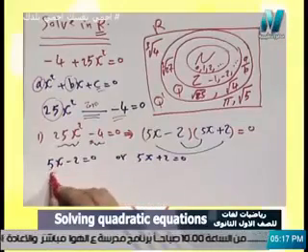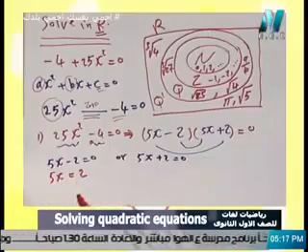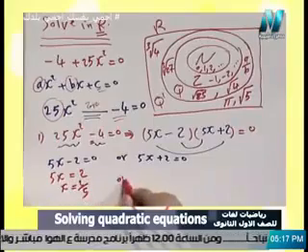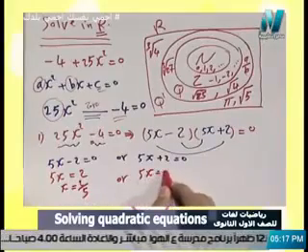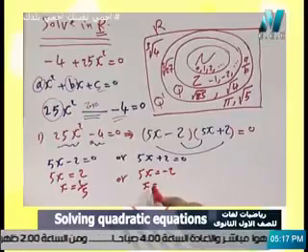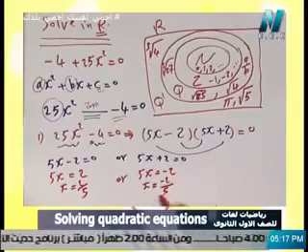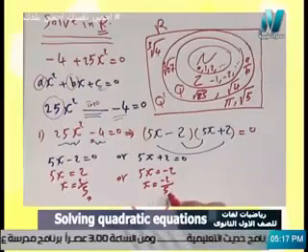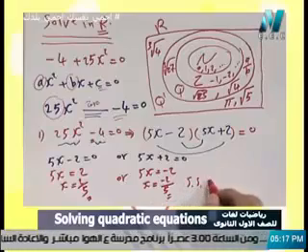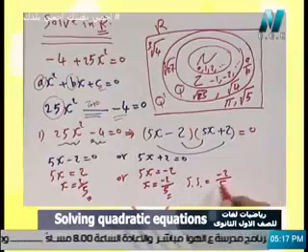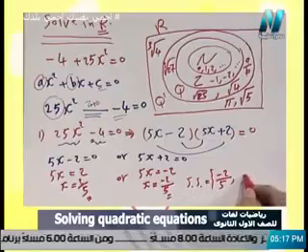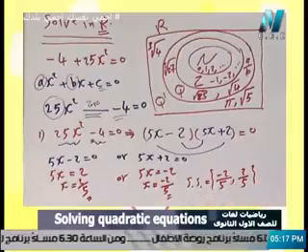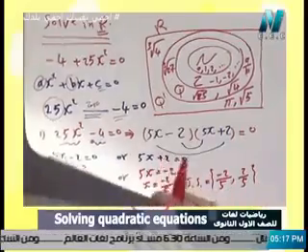Put here 5x equals 2, so x equals 2 over 5, or 5x equals negative 2, and x equals negative 2 over 5. So the two roots are 2 over 5 and negative 2 over 5, or the solution set equals negative 2 over 5 or 2 over 5. And then we have the solution set by this method.